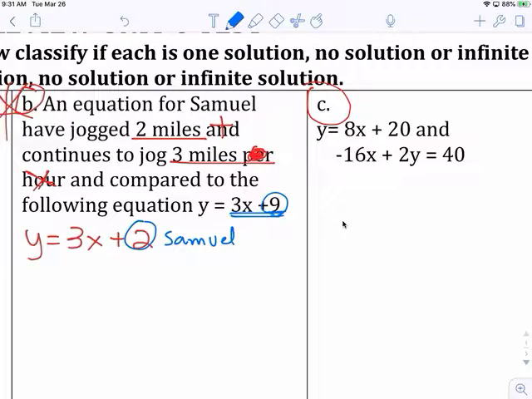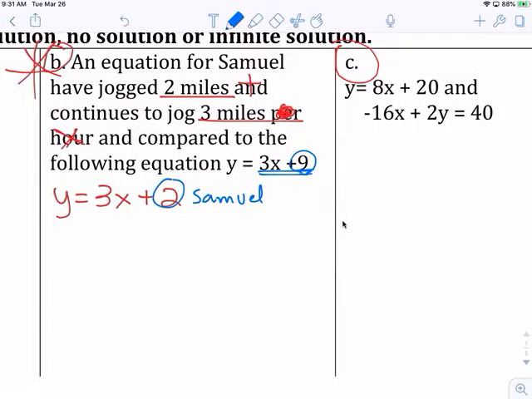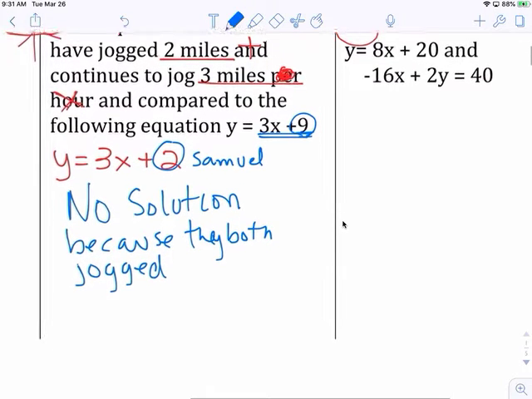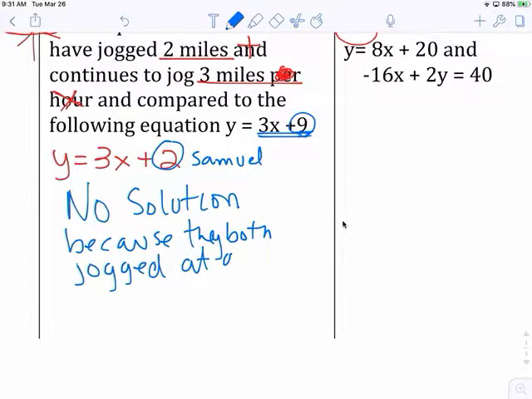So, this will be no solution because they both jogged at a rate of 3 miles per hour.